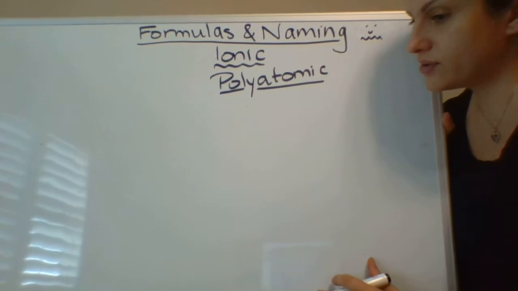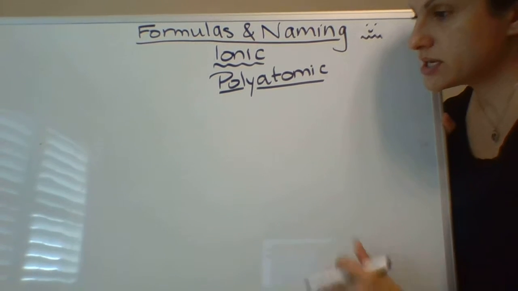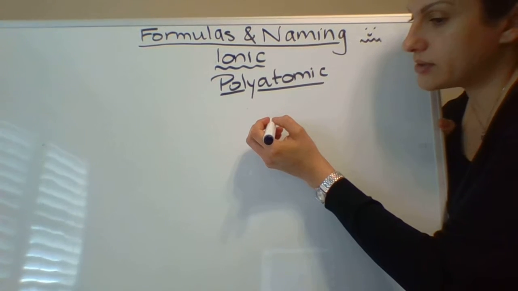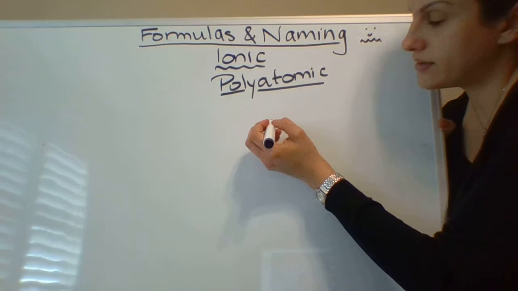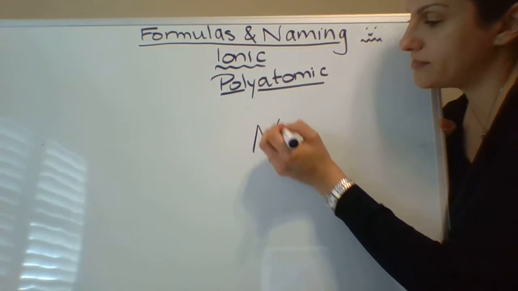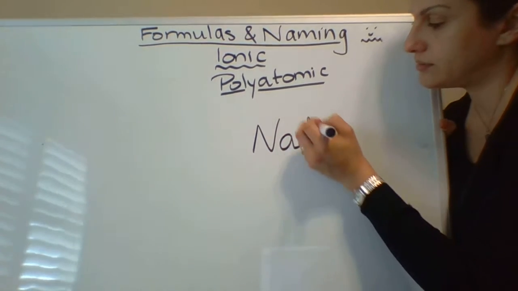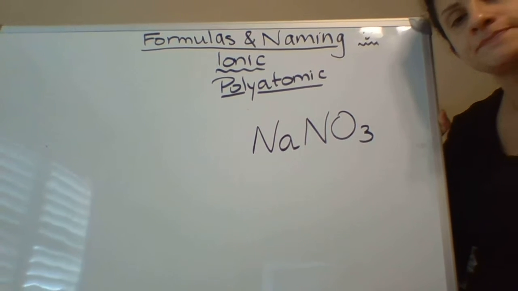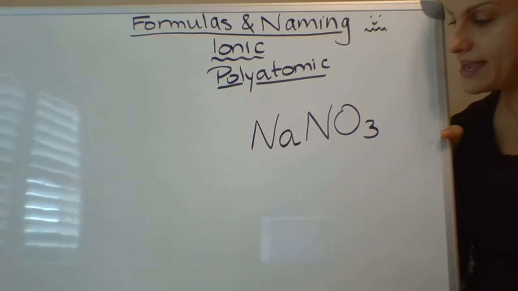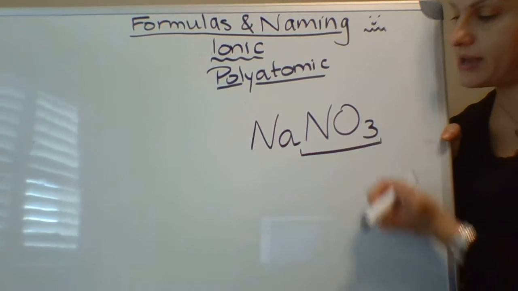Okay? I'll give you one more example of naming with polyatomic ions. We'll do sodium. I shouldn't say the name, because that sort of defeats the purpose. We have sodium and this polyatomic ion.